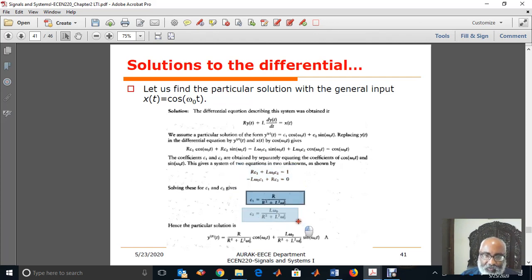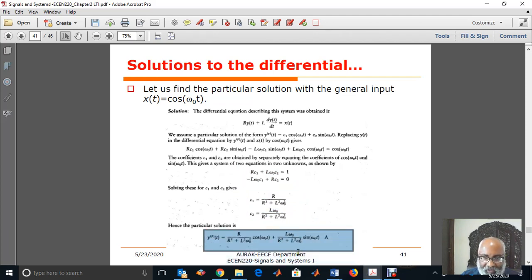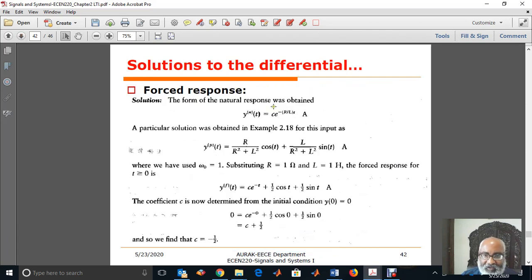Then finally the particular solution will be this. So the forced response will be the homogeneous solution plus the particular solution. Now let's substitute R and L.